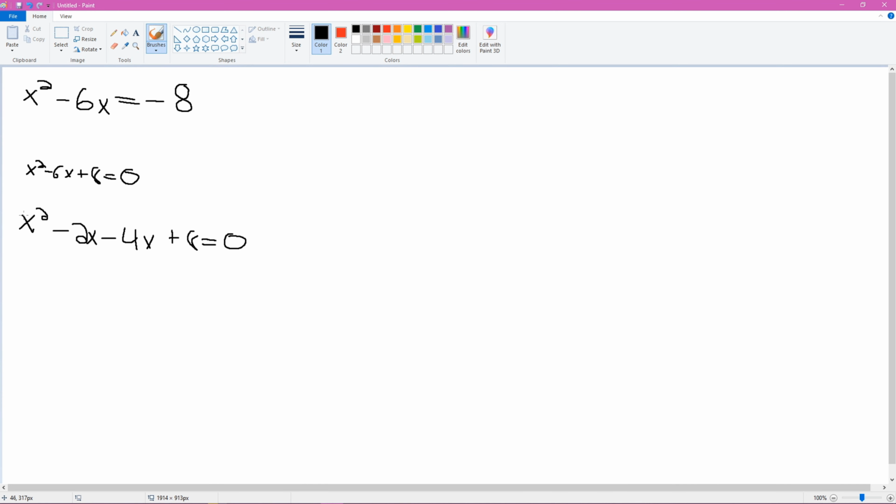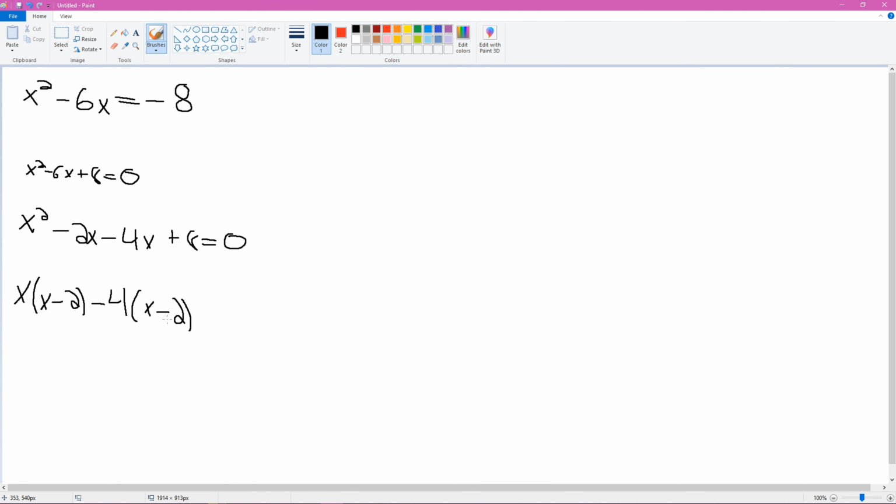From the left side, we'll factor out x, so that way we can have an x right here, and then an x minus 2. And then from the right side, we'll factor out -4, so we'll have minus 4 times x minus 2. So that way we can have x minus 2 and x minus 2 in both sides.